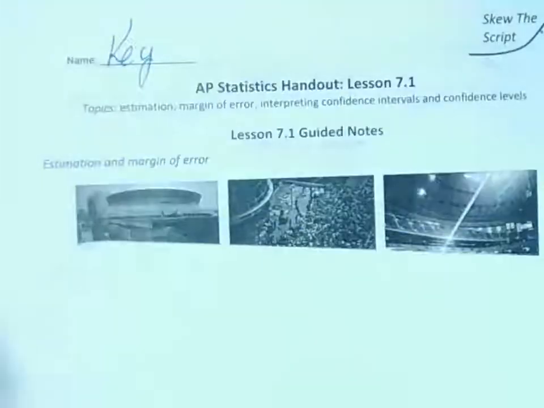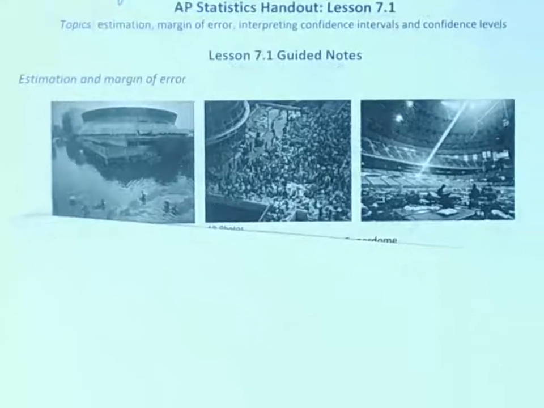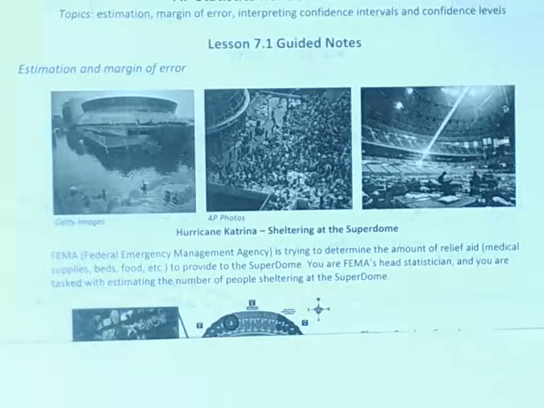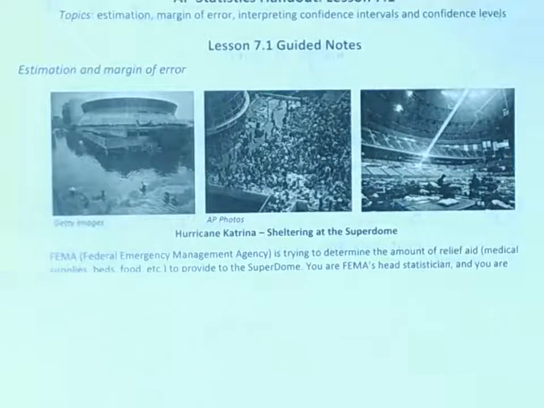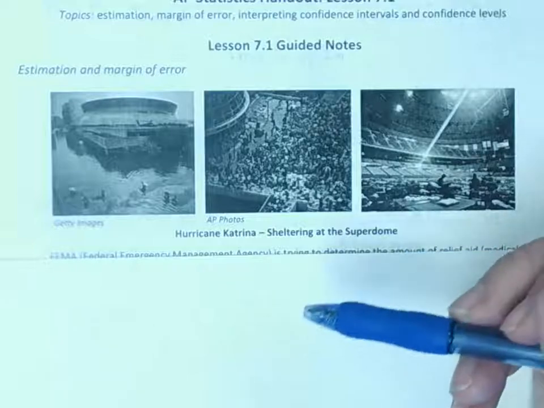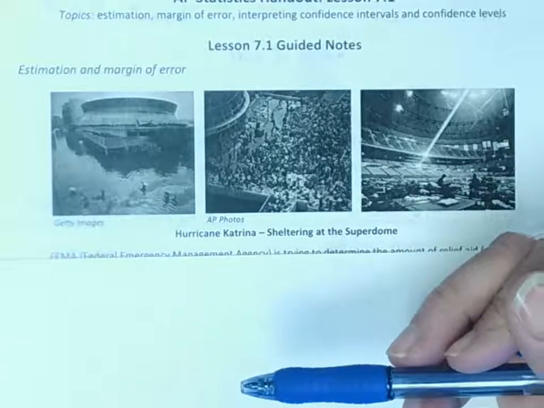So we're using some material that has to do with Hurricane Katrina. Hopefully, you've all heard about Katrina, even if you were not there or were infants, you don't remember it. But during Hurricane Katrina, New Orleans was flooded, and people tried to find anywhere they could that was elevated.